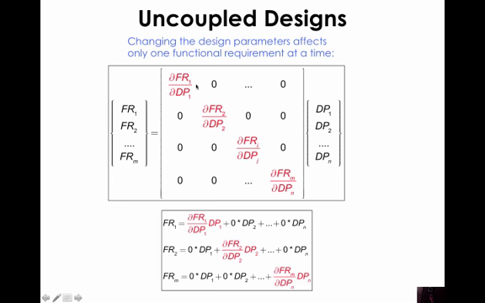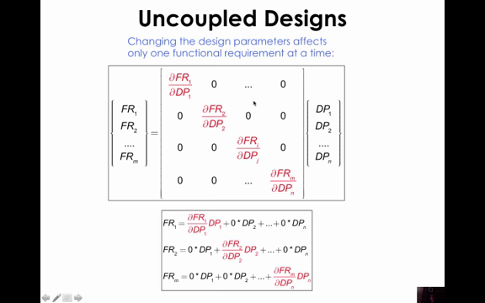So the only functional requirement that will be impacted by changing DP1 will be functional requirement 1, and that's what I want. And if we continue to go through the exploration of how changing these design parameters will affect our functional requirements, when we have these uncoupled designs, we'll end up with this diagonal that basically says if I change DP1, it's not going to impact functional requirement 2, functional requirement 3, and so forth.